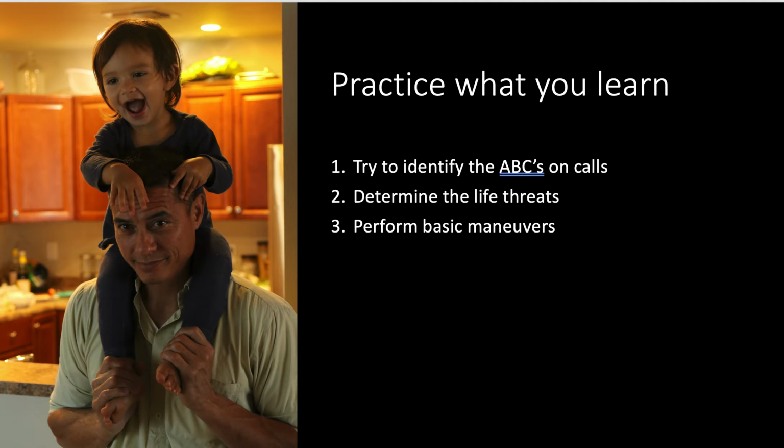So now your task is to look to see if you can find the life threat as you go on cases. A lot of times, what we forget is that we're not addressing A, B, and C on calls. We're just looking at a patient as we address the scene, as we address our patient. But take a look and see if they have open mouth breathing.